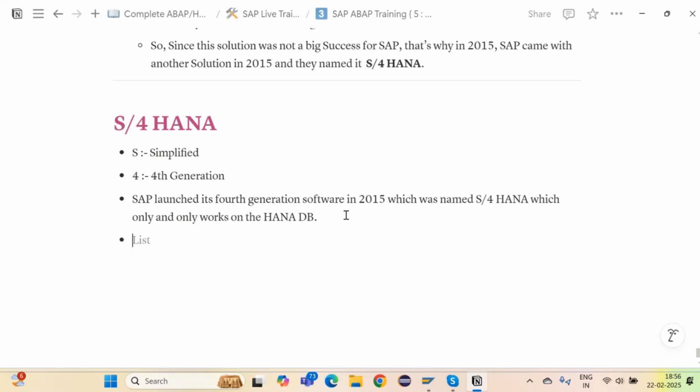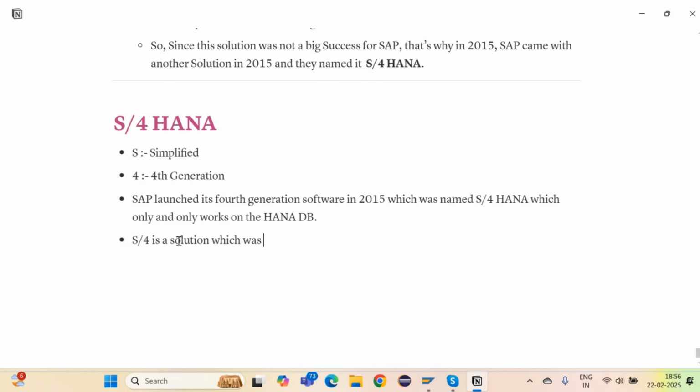So if you are working on S4HANA, simplified fourth generation version, then it is only supported on the HANA database. So the simplest definition of S4HANA is: S4HANA is a solution built on top of ABAP on HANA technology, and which only and only works on the HANA database.